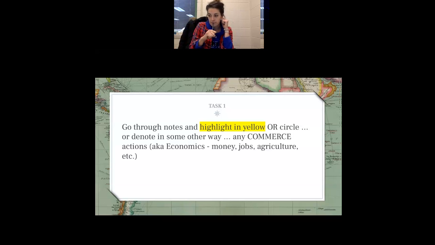Anything else trade-wise? 15.3 is also going to have some trade.